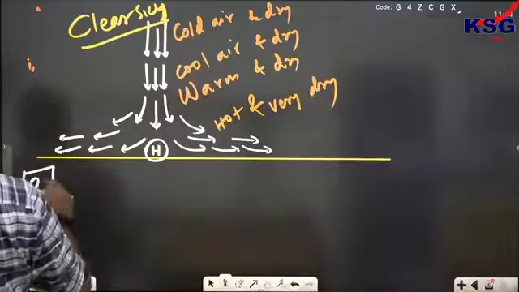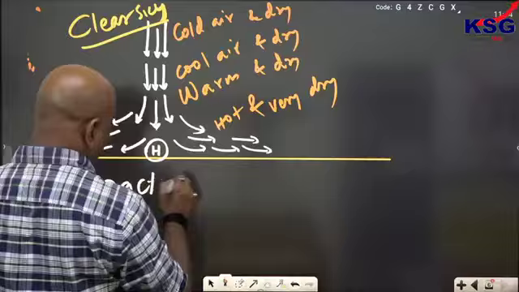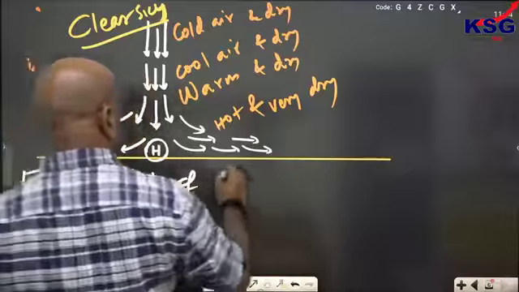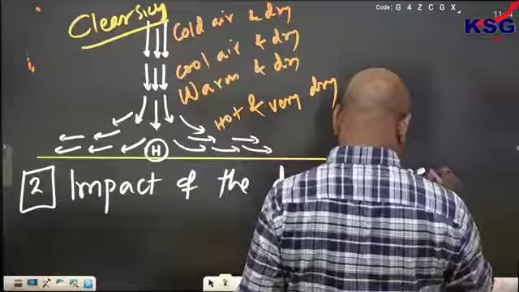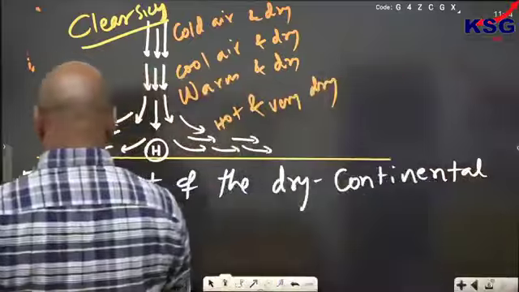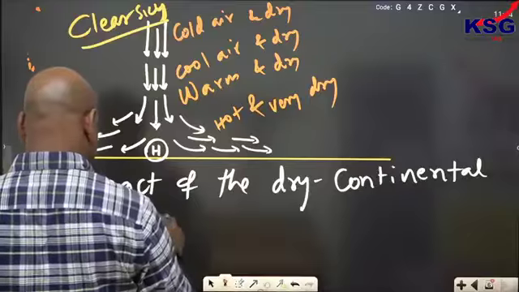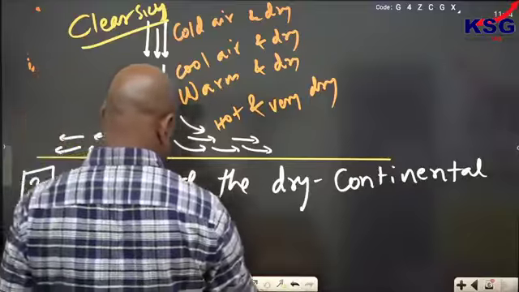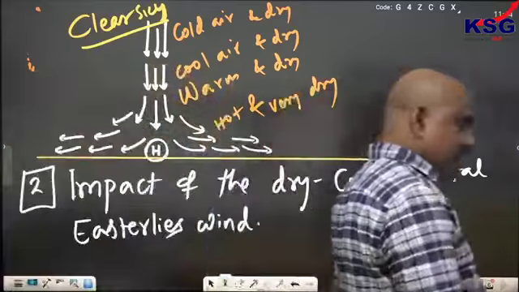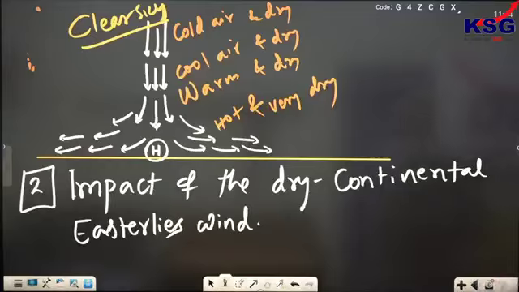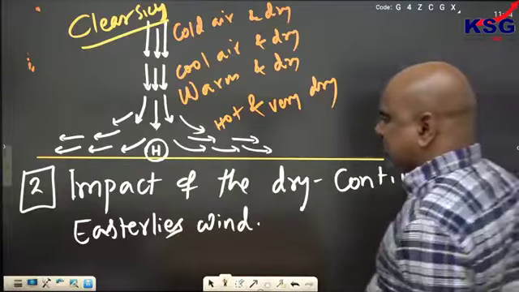Second point is the impact of the dry continental easterlies wind system.